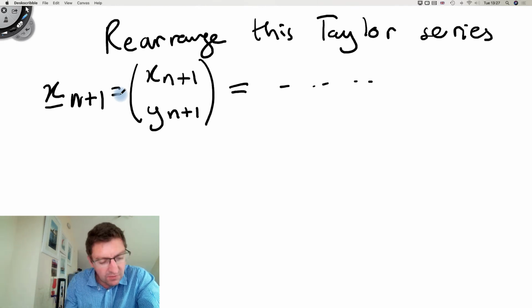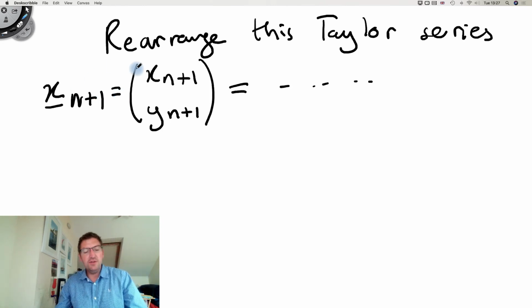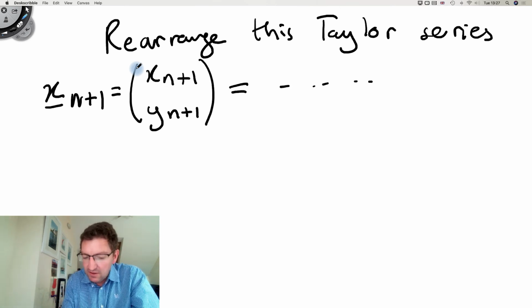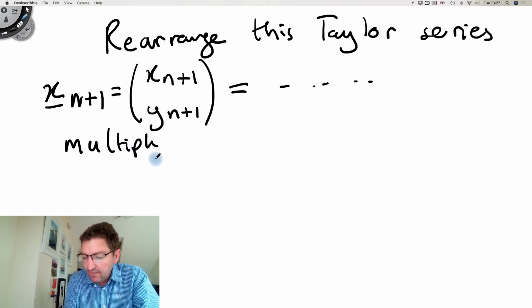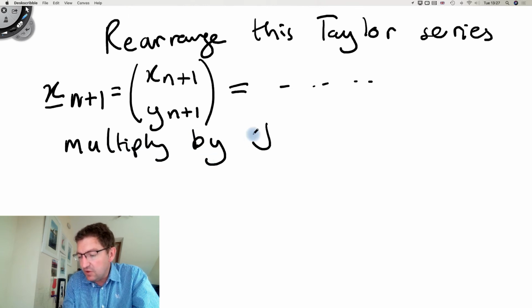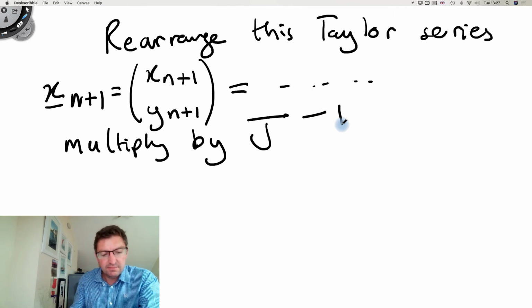When you do this rearrangement, the key thing to do from before is that you had the Jacobian, you need to multiply through by the inverse of your Jacobian, J minus 1.